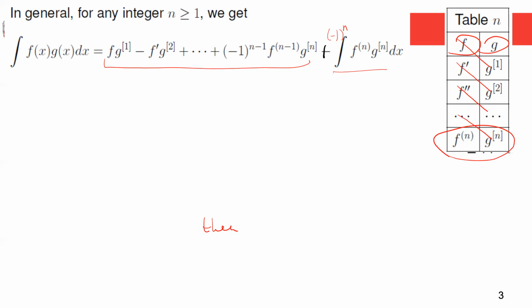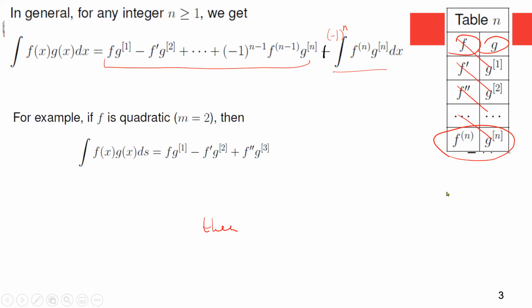Now, one application of this is the following. If the first factor f is a polynomial, then when we keep taking derivatives of f, sooner or later we are going to get a 0, right? For example, if f is a quadratic function, then we can apply this formula with n equal to 3.